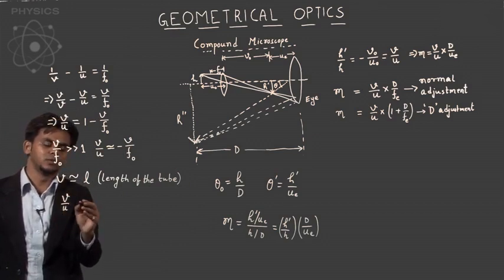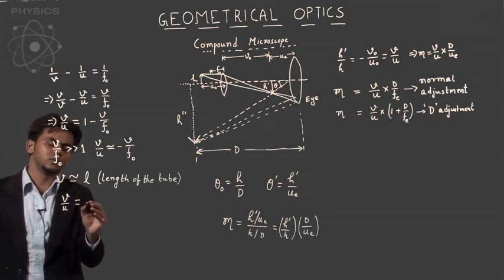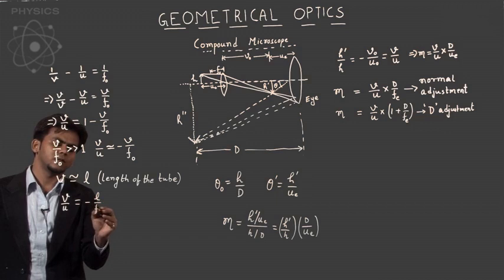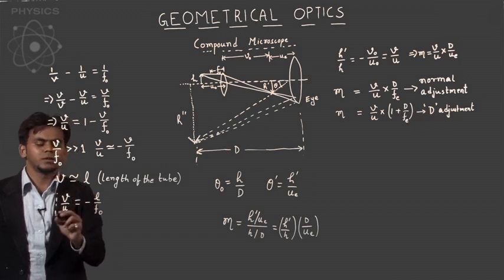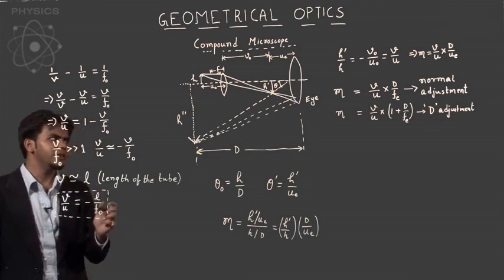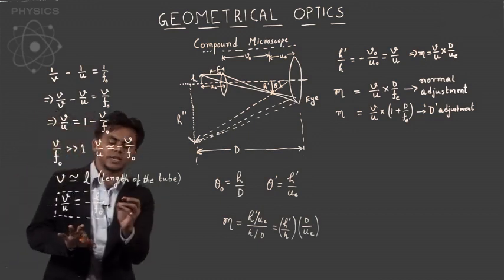What you would get is V by U is equal to minus L by F naught, right? I'll use this now. If I use this, just write equation number 1.